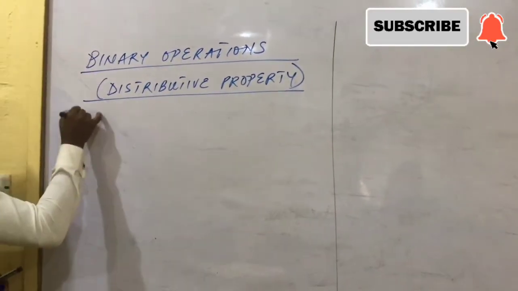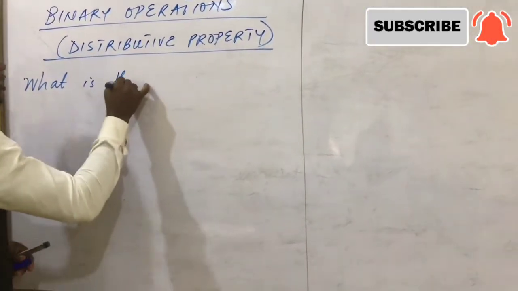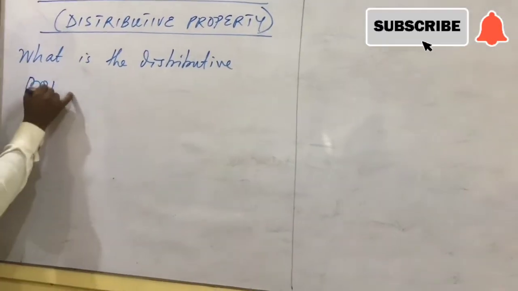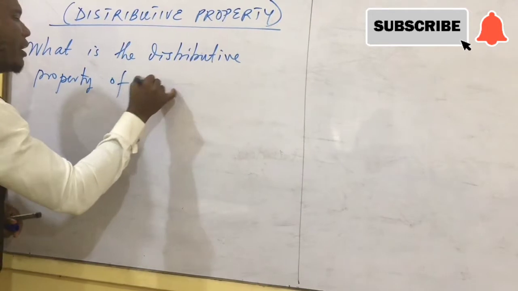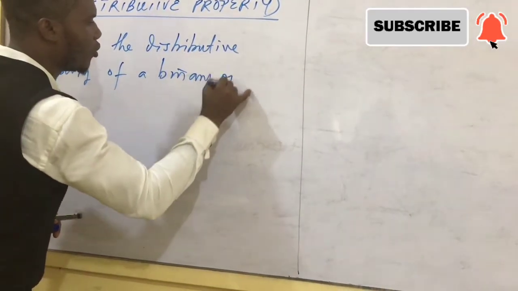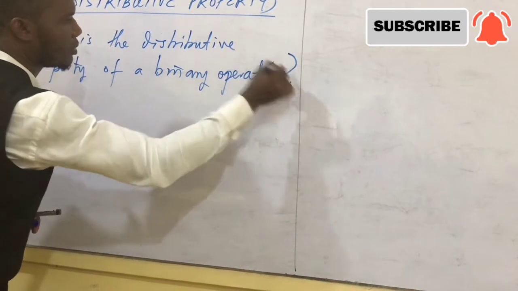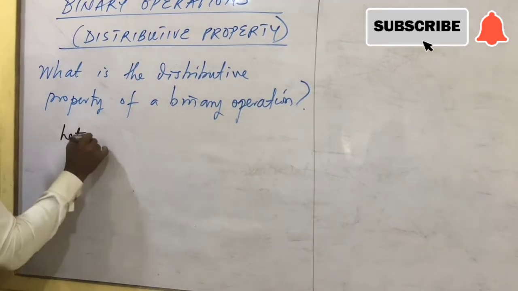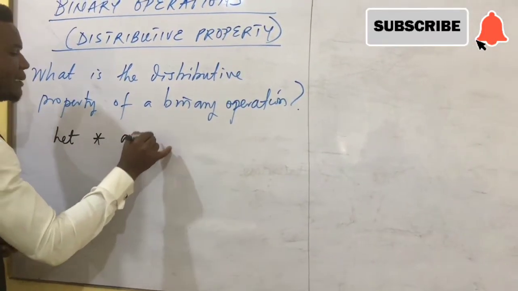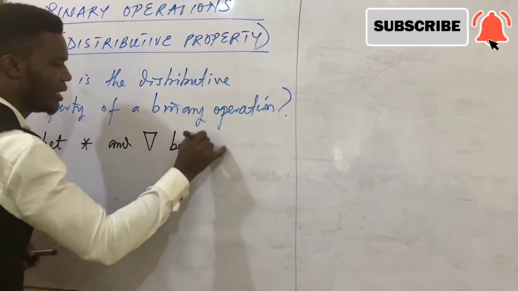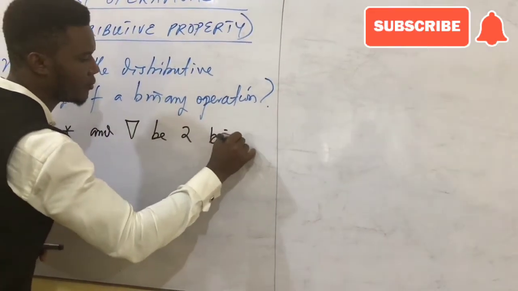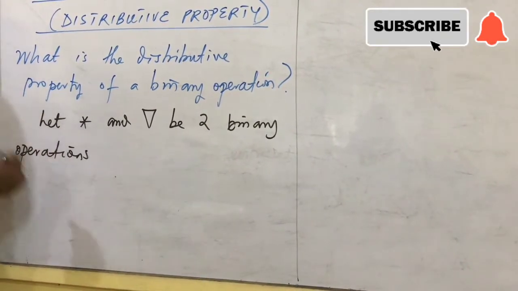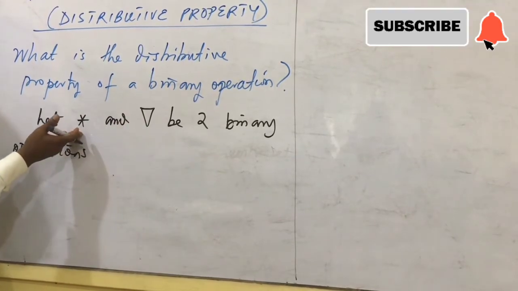So the question is, what is the distributive property of a binary operation? Okay, so I'm going to start this way. Let asterisk and nabla be two binary operations. This symbol is called nabla and this symbol is called asterisk.